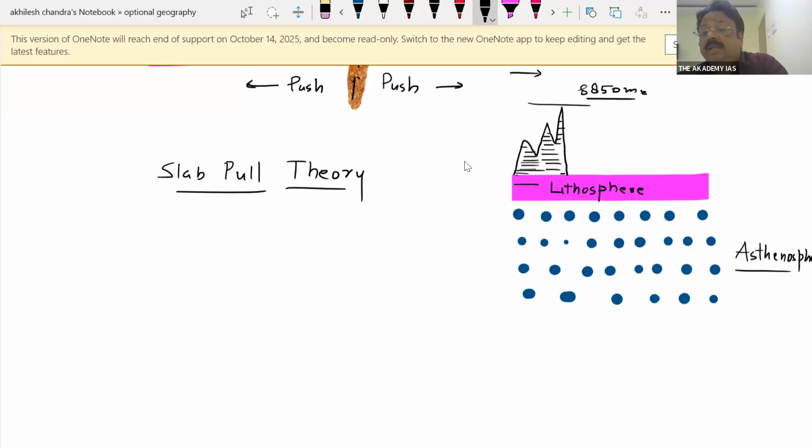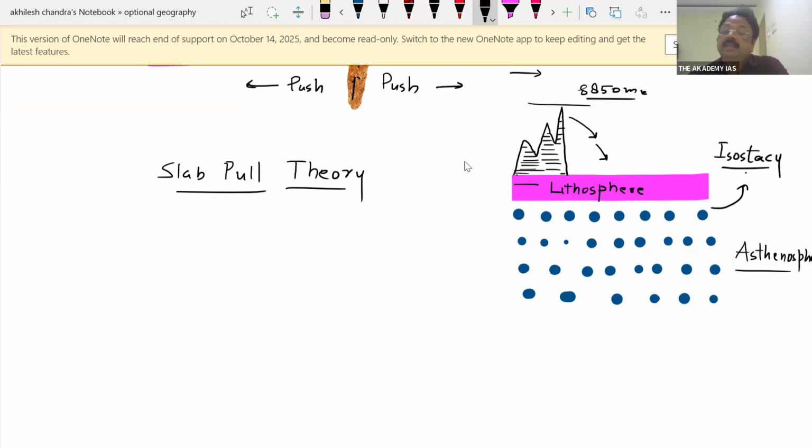But at no time is this mountain going to fall. That means there is a clear-cut equilibrium between the lithosphere and the asthenosphere. And this equilibrium is called isostasy. Isostasy is a kind of equilibrium between the lithosphere and the asthenosphere. As long as this equilibrium is there, the lithosphere floats over the asthenosphere. So this is what isostasy is.